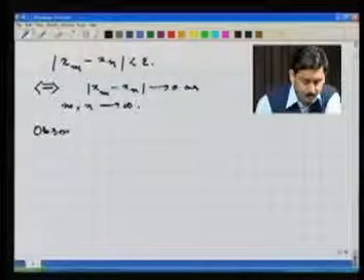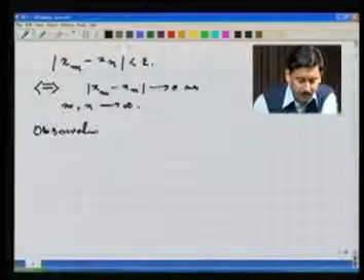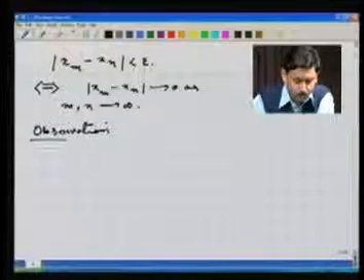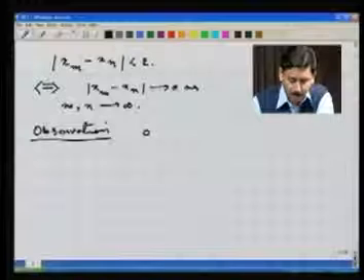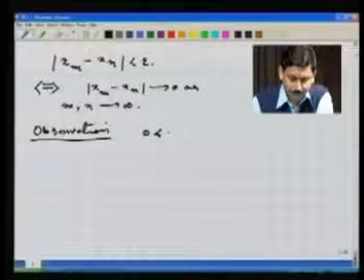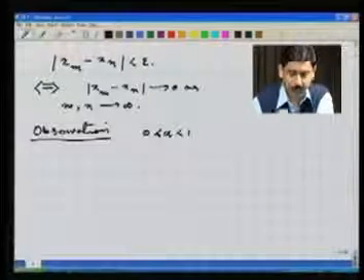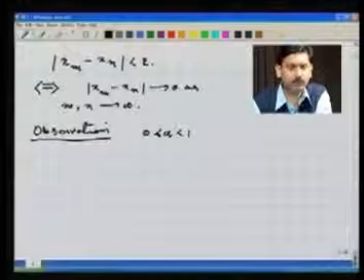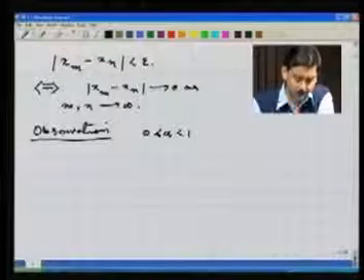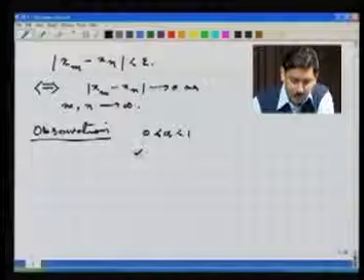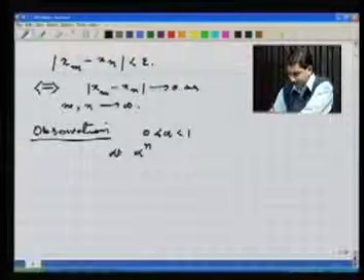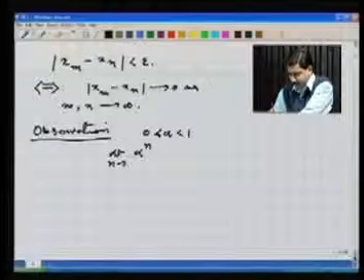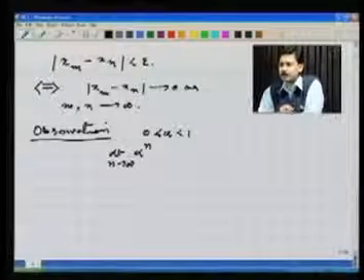It is just the calculation of a very fundamental limit which keeps appearing time and again. I take some number alpha which is positive and strictly less than 1. Then I look at alpha to the power n, and then I take the limit. What is this limit?